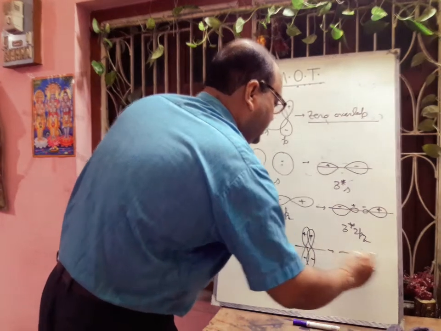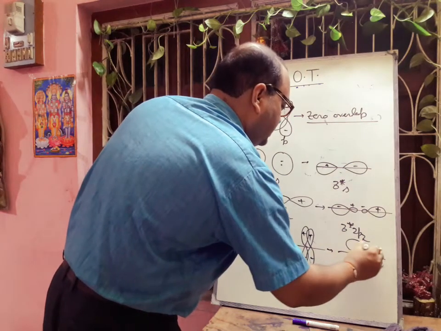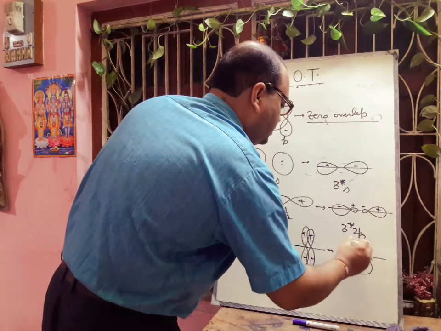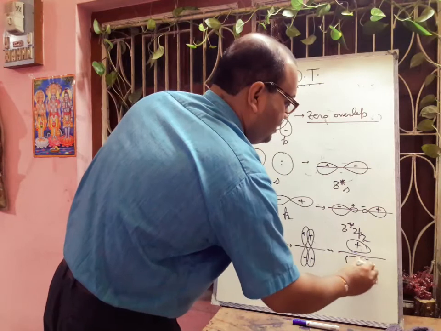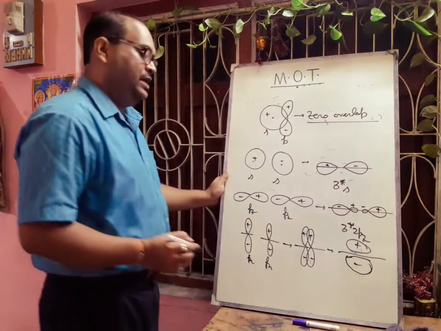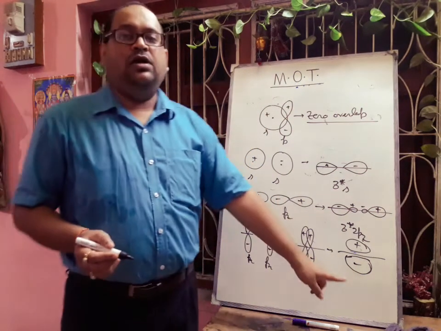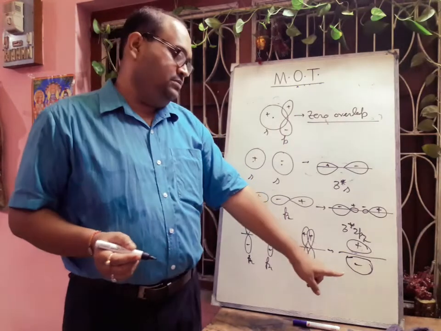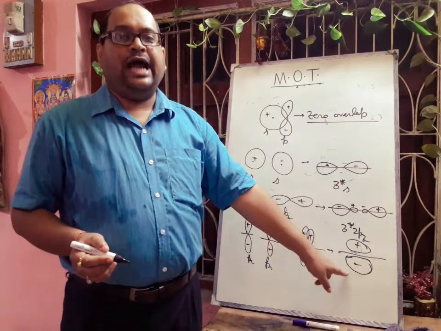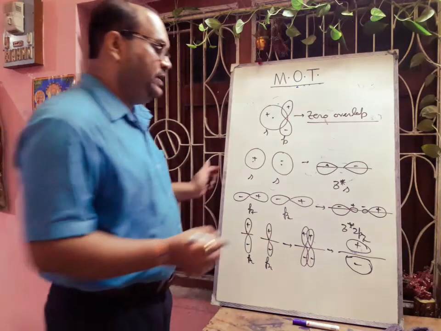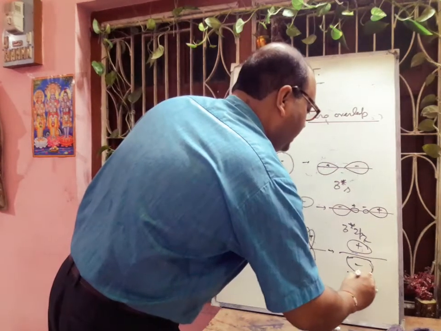Finally we will get an electron cloud above the internuclear axis and one below. This one is plus, another is minus. The same amount of cloud will be there, and this is called a pi molecular orbital. In this case we write pi 2px.